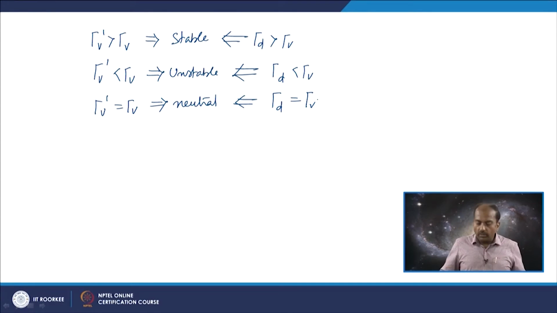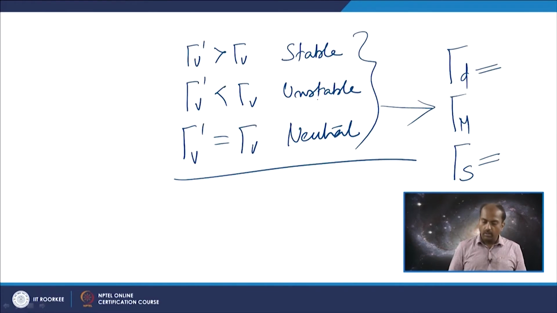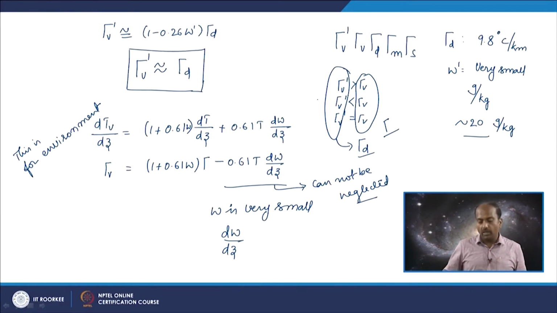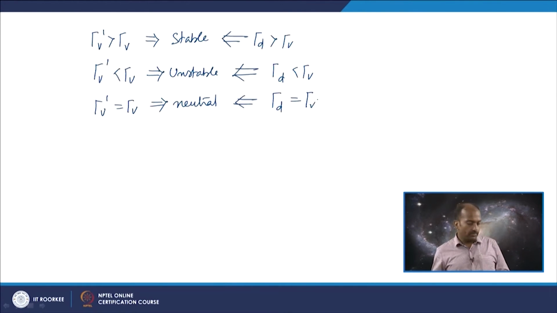So, what have we achieved? We started from this, where the conditions of stability are written in terms of virtual lapse rates. By assuming that the mixing ratio remains constant inside the air parcel, we have been able to replace the virtual lapse rate of the parcel with the dry adiabatic lapse rate, a more realistic number that we know for sure, right. And we rewrote the condition for stability as this.